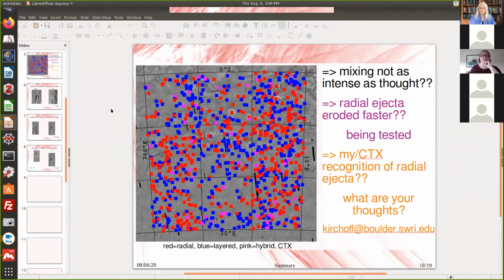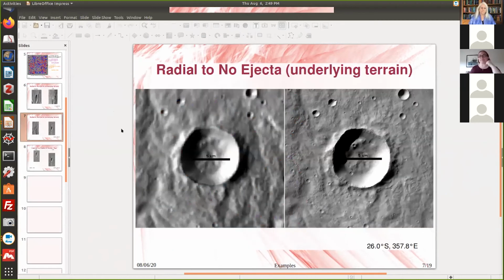And that leads to something a couple people mentioned in the chat, which is the sun angle. For example, Jen Piatak wrote, many of the CTX images look to me like the sun angle is high and we're missing shadows and contrast to see the textures of radial ejecta. So I'll broaden that: how much of this do you think is an illumination effect from the CTX time of day versus THEMIS time of day?